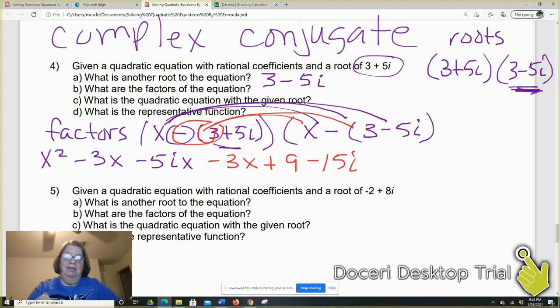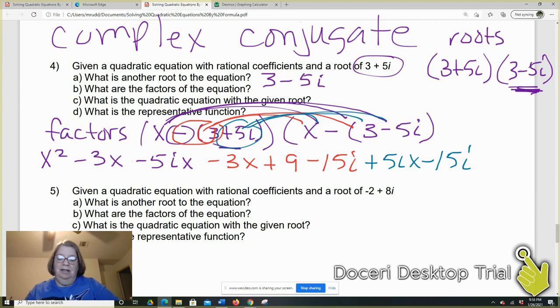And then do the same thing with the 5i. 5i times x, 5i times negative 3, 5i times negative 5i is negative 25i squared. You know what? This negative 3 right here times this negative 5i is going to be a positive 15i.